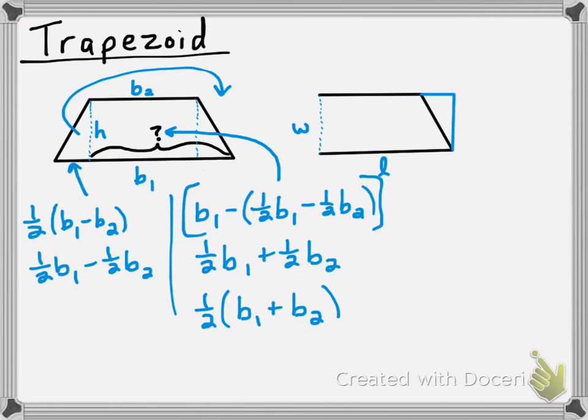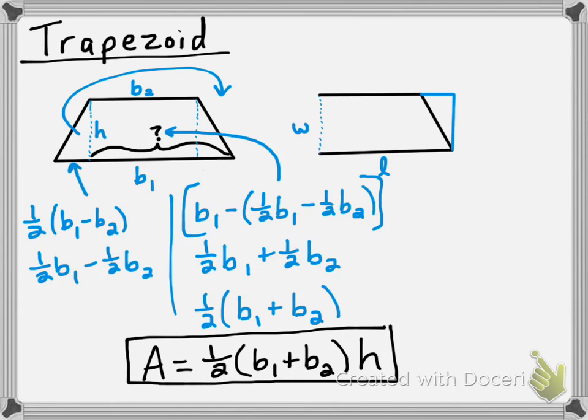So I've got 1/2 of B1 plus B2. That's what the question mark is. And didn't I just have to multiply that times the height to get the area? So that's all I have to do, is the area is 1/2 of B1 plus B2 times the height. And that's it.